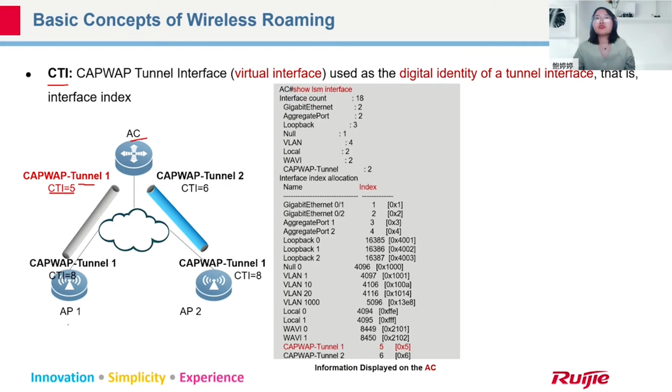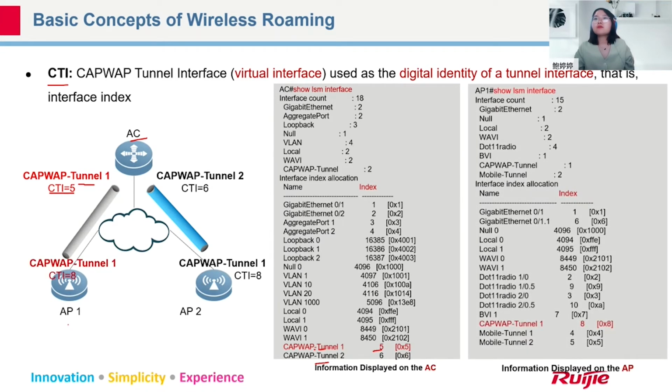And we can use the command show LSM interface, and then you can see the index information. We will use the tunnel 1, the CTI value to become 5. And the tunnel 2, the value is 6. This is a command you can check on the AC. And also you can use the same command to check on the AP.